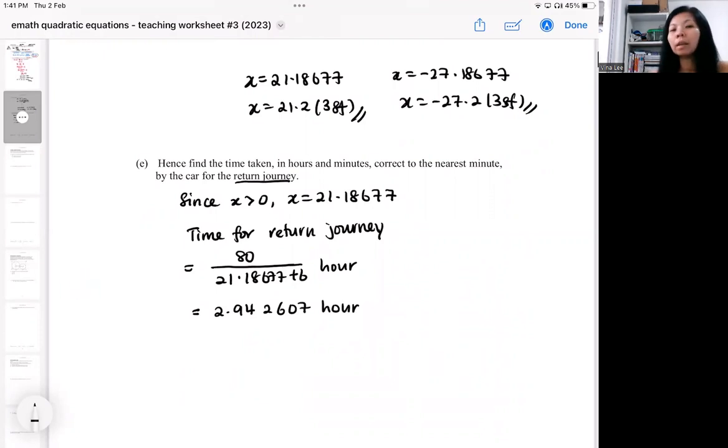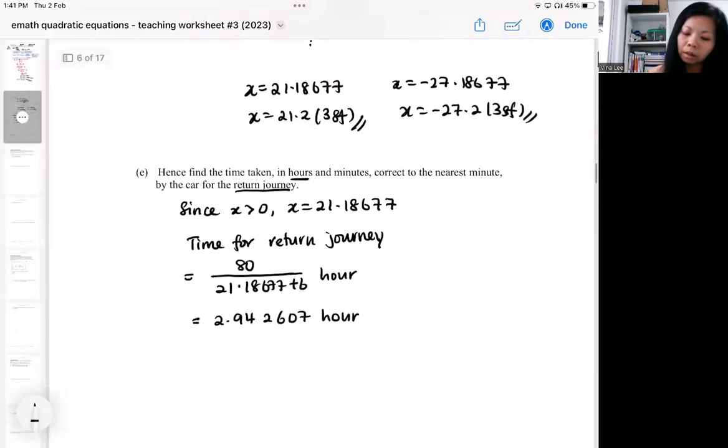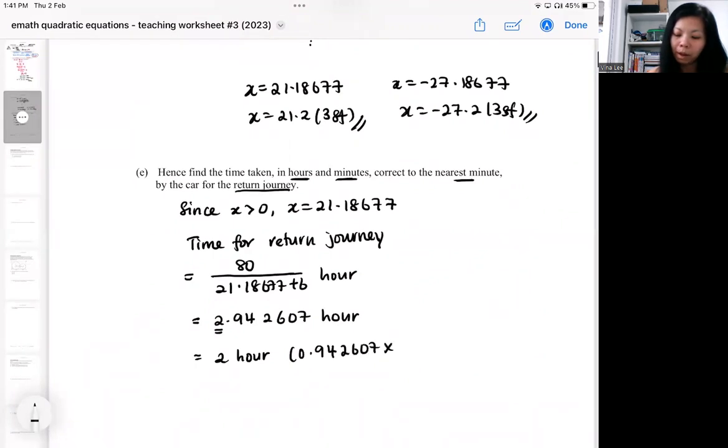So how are you going to get it to hours and minutes? So we want it in hours and minutes, and we want it to be the nearest minute. Okay, so you see a whole number. This whole number is the hour. And you see the decimal. The decimal will be the one that you multiply by 60.